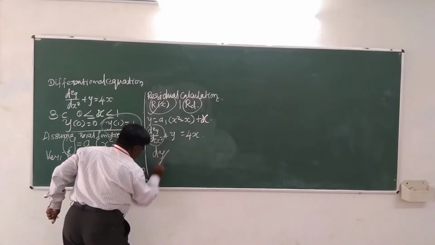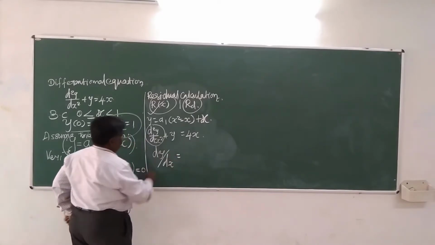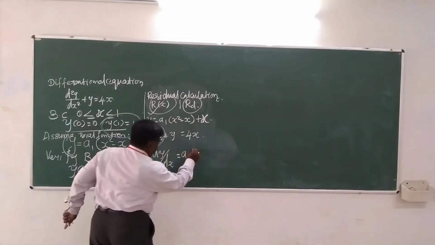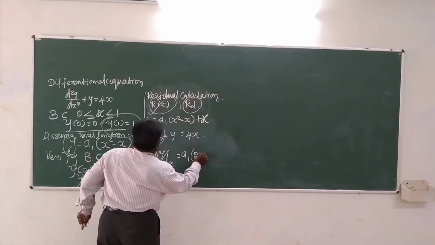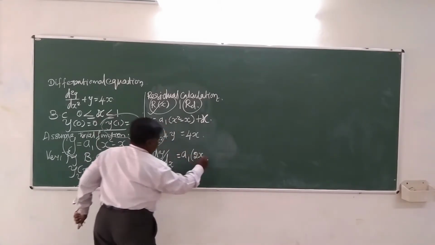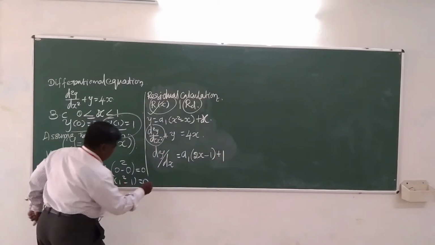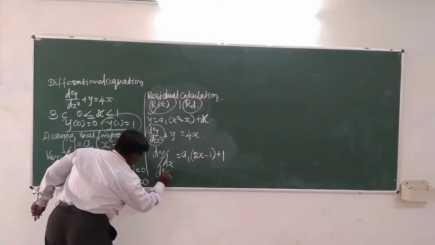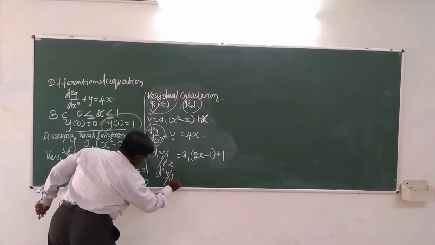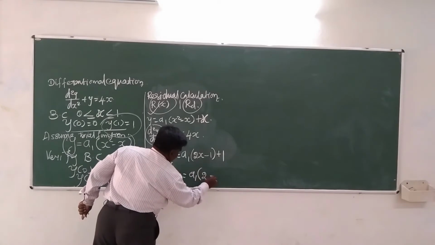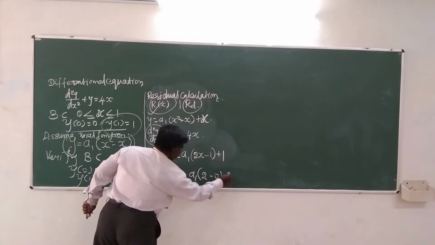dy divided by dx equals a1 times the derivative of x square minus x, that is 2x minus 1, plus 1. The second derivative with respect to x is a1 times 2 plus 0.